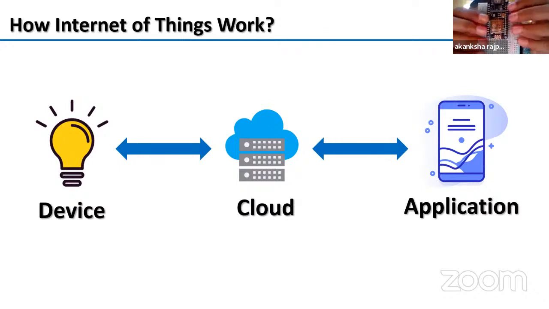As well as, I have some pins over here. Let me remove this and let me show you. I have a lot of pins here. These are input and output pins, where we connect any input device or any output device. And we have this micro USB port over here.